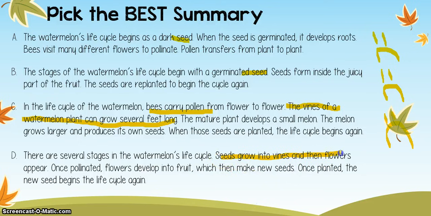Seeds grow into vines and flowers. Once pollinated, so here it's talking about pollination, flowers develop into fruit, which make new seeds. So it does mention the seeds at the beginning and at the end. Once planted, the new seed begins the life cycle again. I think that adding in that the life cycle is happening is an important part because that's actually the main idea of the entire article that we read.